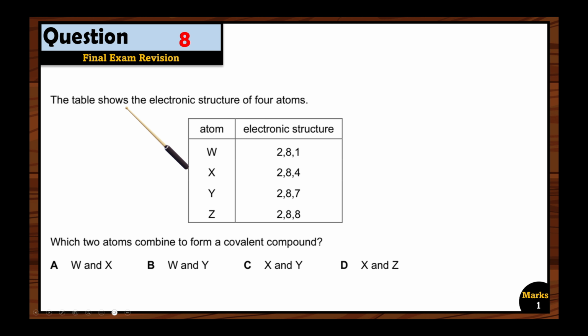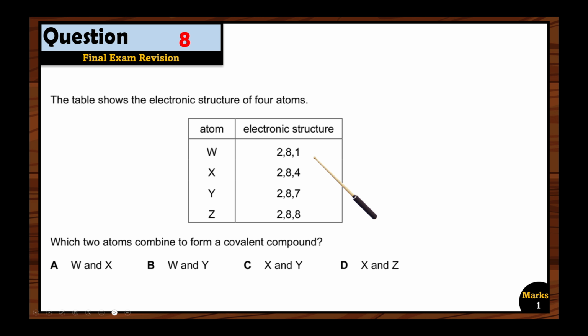Question number 8. The table shows the electronic structure of 4 atoms. Which 2 atoms combine to form a covalent compound? To make covalent compounds, you have to see that the electronic configuration should be of non-metals. Non-metals usually have more than 3 electrons in their last shell.